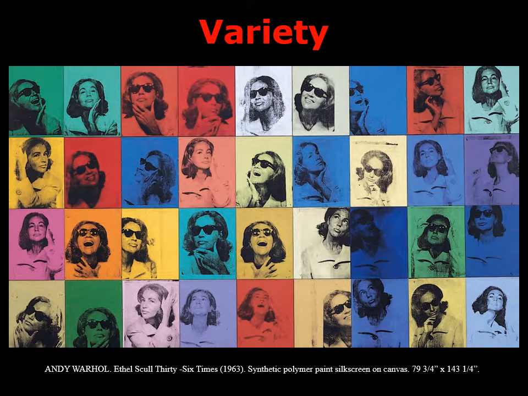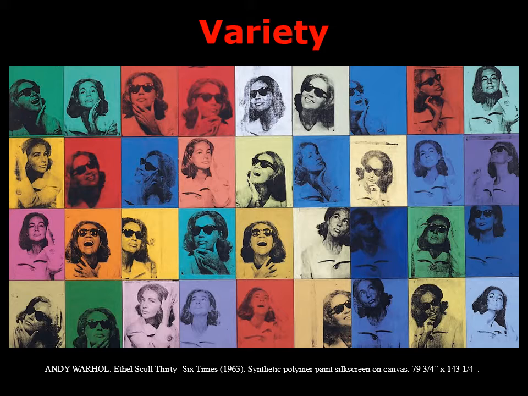So, looking at some other examples of variety. The Andy Warhol is kind of an easy one as far as unity goes, with this nice grid shape. And with the variety, there are all these different poses of Ethel Scull, and each pose, the little rectangle there, has a different color.